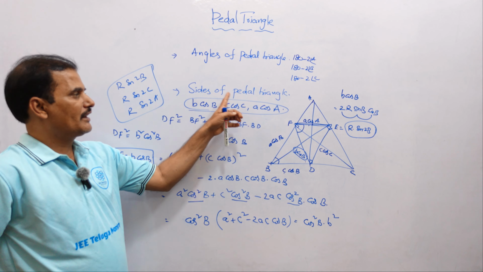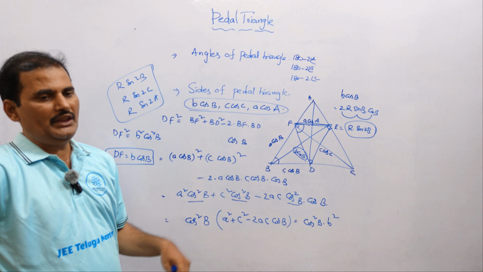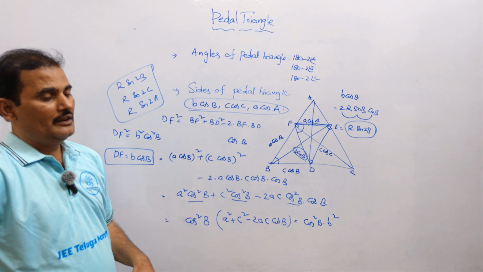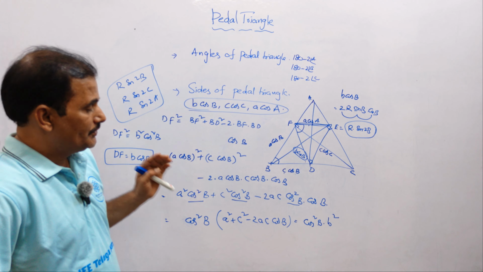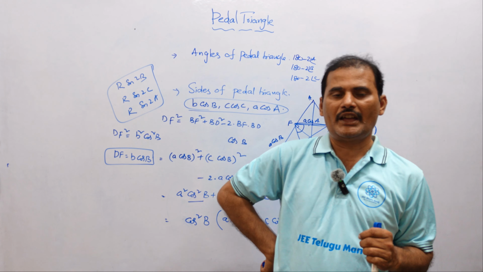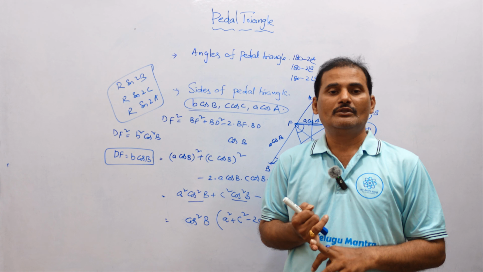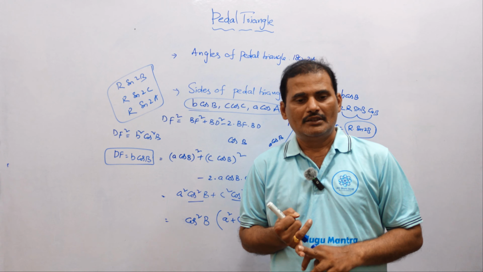The sides of pedal triangle are B cos B, C cos C and A cos A, or R sin 2B, R sin 2C, R sin 2A. These are the sides of pedal triangle and the angles of a pedal triangle. And we know first point is what is pedal triangle?